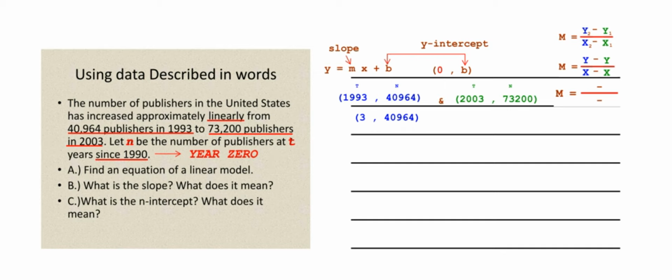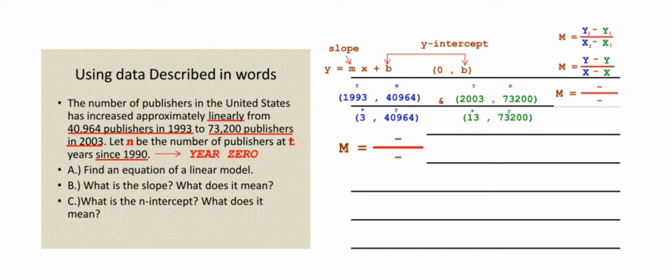That's why we renamed this with a 3 for the t value, or x value representative. So 3, 40,964. Likewise, from 1990 to 2003, there have been 13 years that have passed, agreed? And remember back to our basic variables, x and y: 13, 73,200.